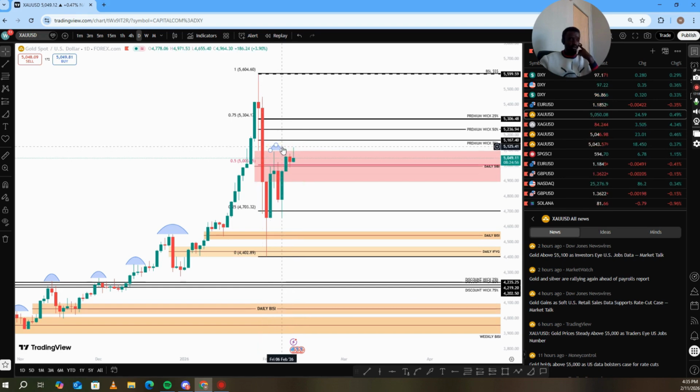And that will be all the confirmation we need to start scouting buy opportunities to go higher. But if we fail to invert this level and we see price beginning to breach this midpoint of this fair value gap again, then that will indicate that we are likely to see a small consolidation before price decides what it will do, and I wouldn't engage in that either. So what I'm waiting for is to see whether we close above this fair value gap.